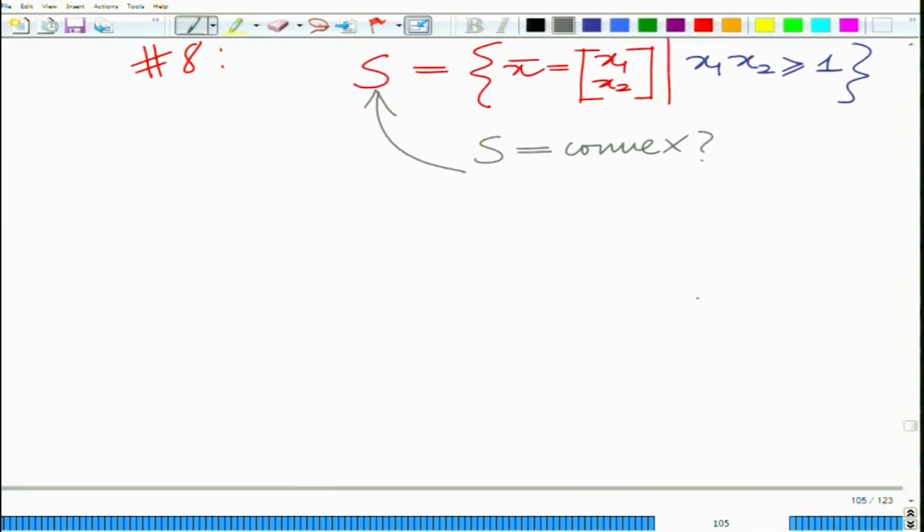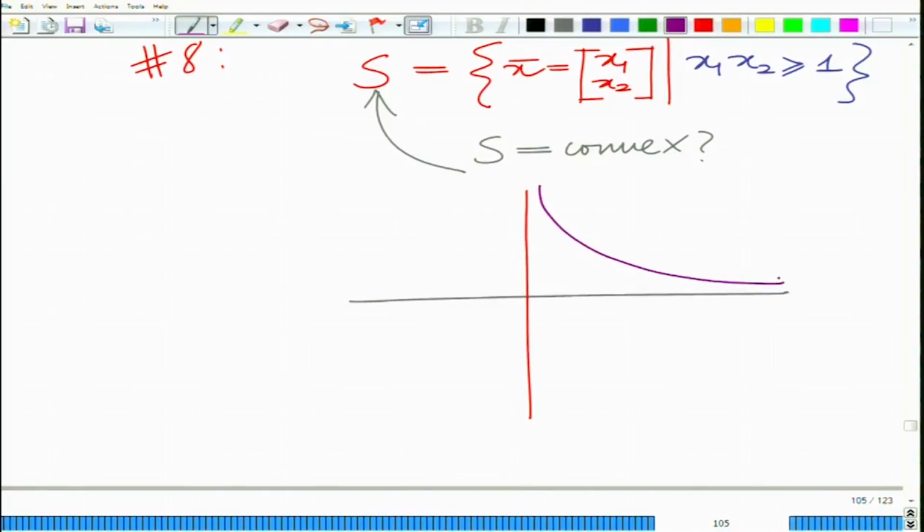Now, if we look at this two dimensional plane, if we plot x1 x2 equals 1, that will be this hyperbola, correct, and of course, we are considering the positive part.